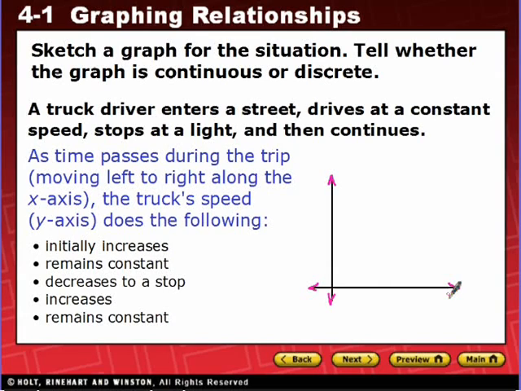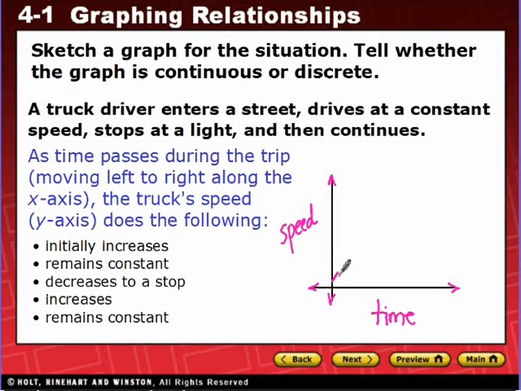Okay. So we're looking at time here on the x-axis, and on the y-axis we're looking at the speed of the truck. It doesn't really say that directly in the problem, so it could be a better written problem. And at first he's entering the street, so I'm going to assume maybe he's turning or coming from a stop. So maybe at 0, maybe really close to 0.